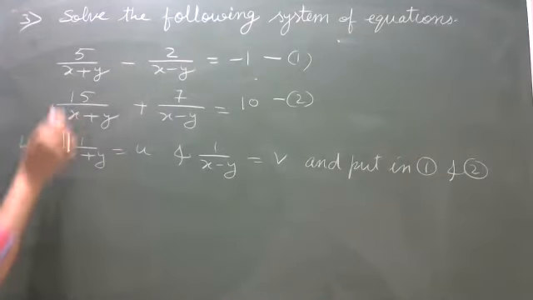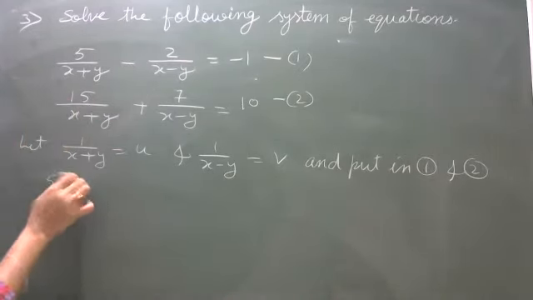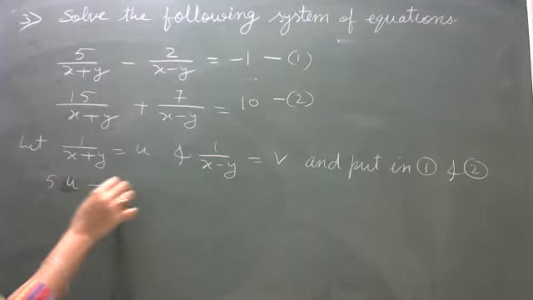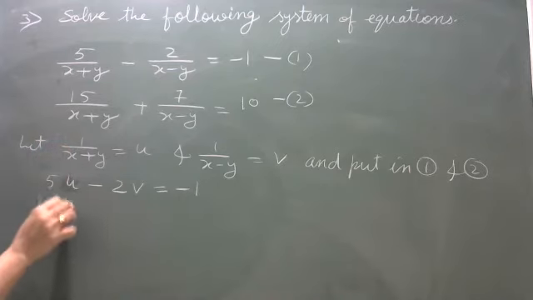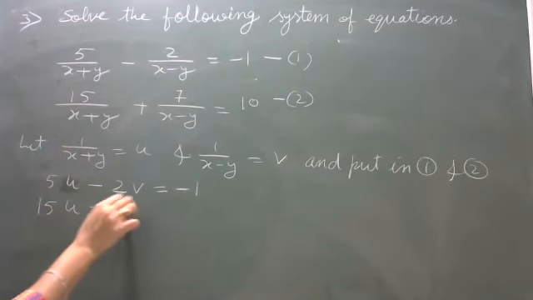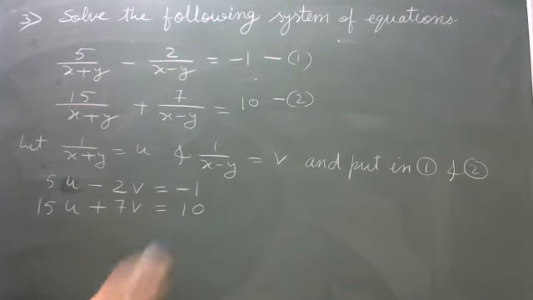It will become 5u minus 2v is equal to minus 1, and second equation will become 15u plus 7v is equal to 10.